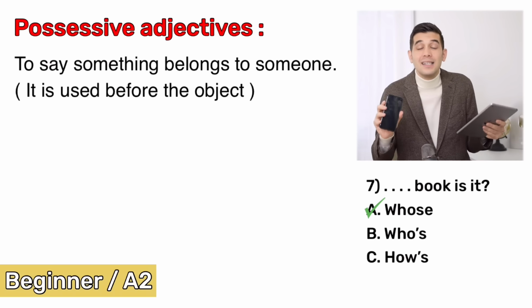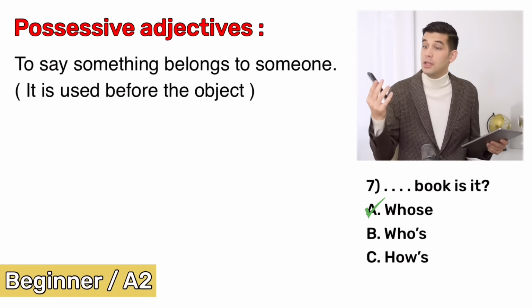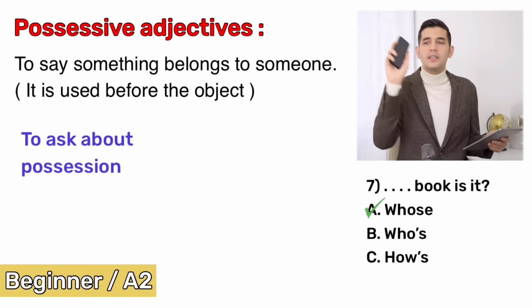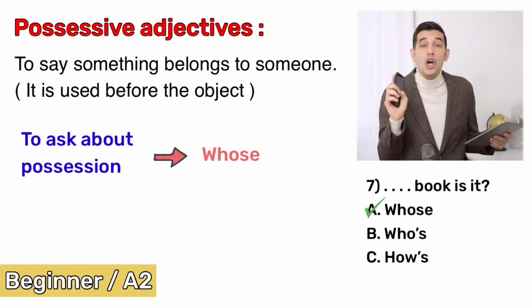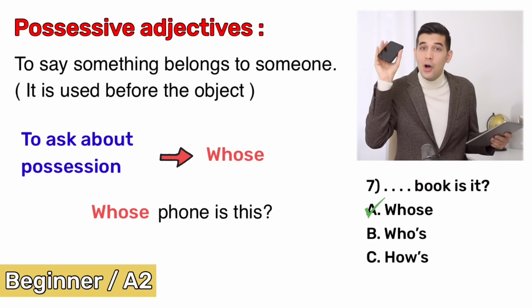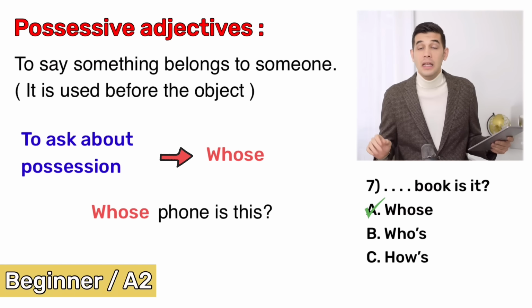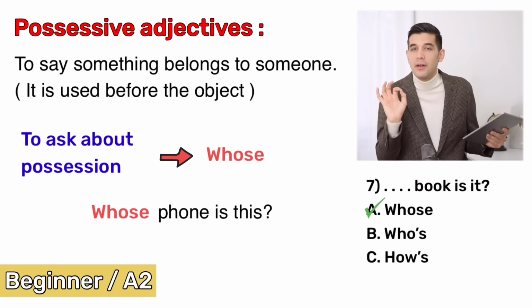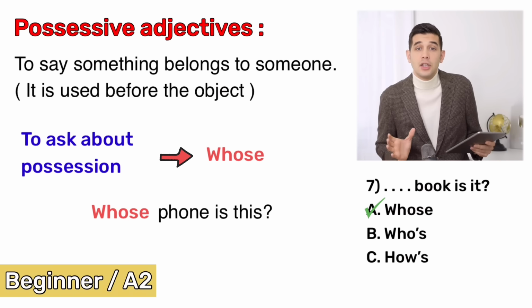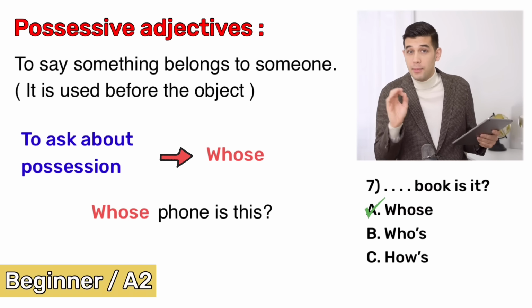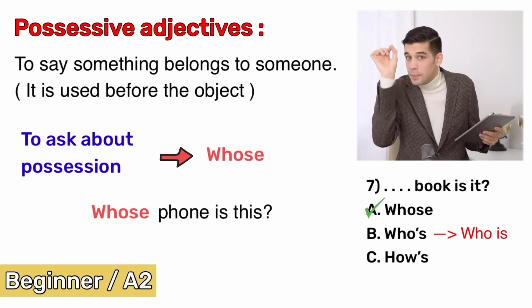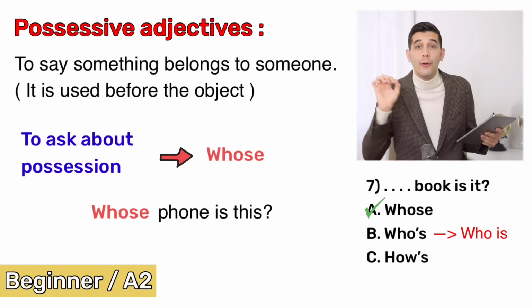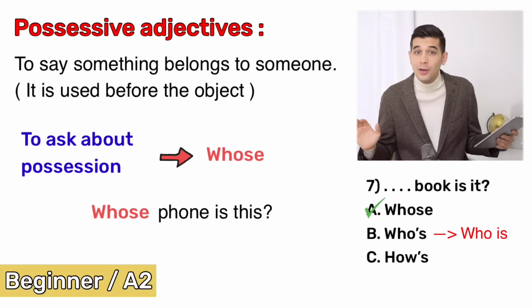But if you want to ask a question about possession, for example, you find the phone and you say, excuse me, what should you ask? You can use the word whose. Whose phone is this? Now pay attention, this is sometimes very confusing for students because whose and who's are pronounced in the same way, but the second one with an apostrophe stands for who is. So that is not correct.